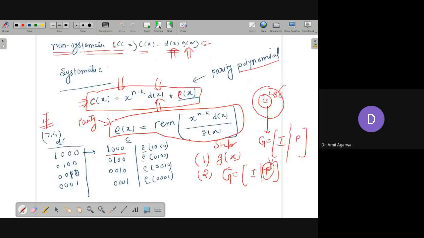Because if you remember in the last class, the rho(x) is a remainder of x to the power n minus k times d(x) divided by g(x), right? So if this is our first d(x), 1 0 0 0, what is its value? x to the power k minus 1.